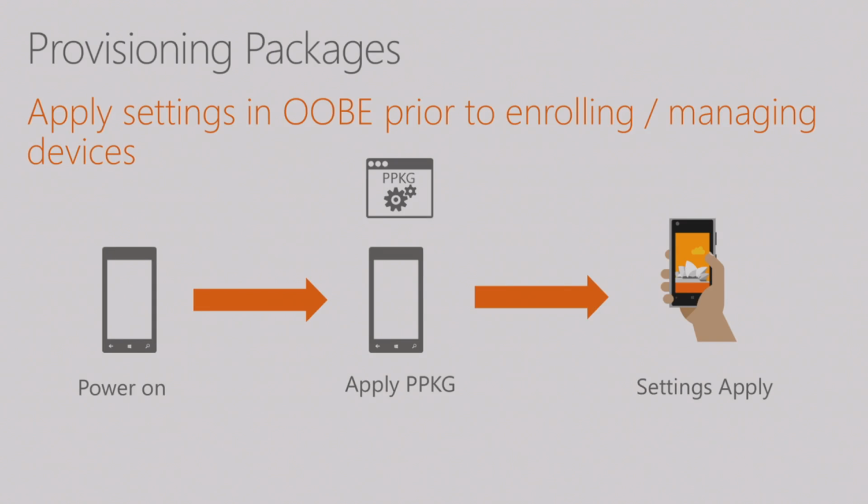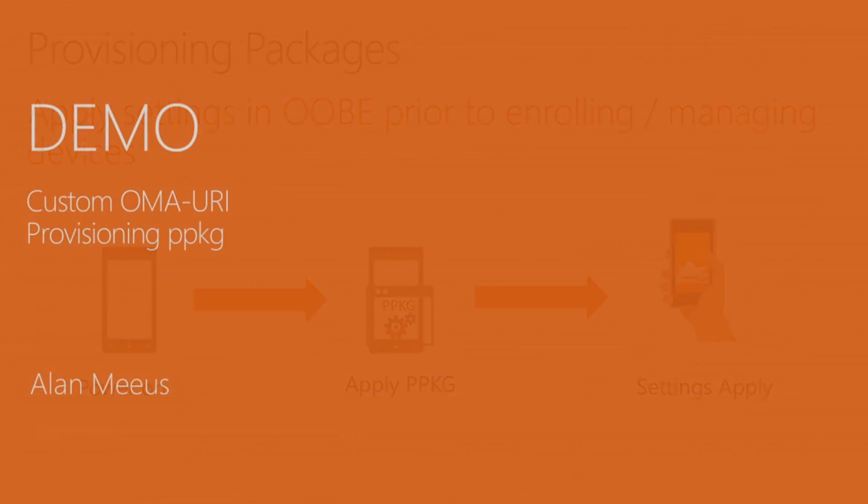It could be on an SD card. It could be on another removable USB drive, for example. It could be on a PC connected with the USB cable to the device. So there are multiple places you can put these packages. And they will be applied to the device and then being used.